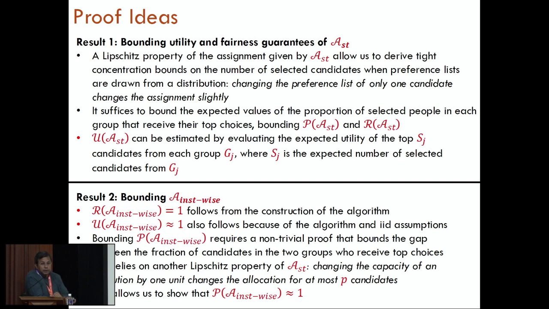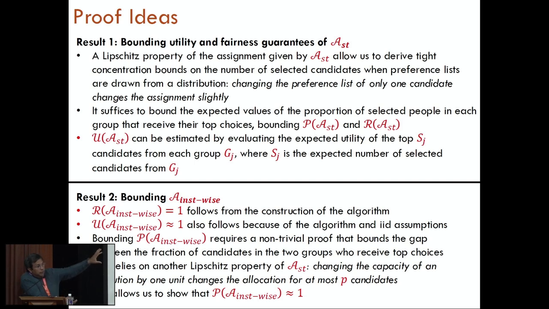It depends upon the distributional assumptions in the paper. But what we can show is that this change is not much. So if there are, for example, 2 institutes, and if I change the capacity of any institute by 1, then the allocations change by 2 in how the allocations are made.